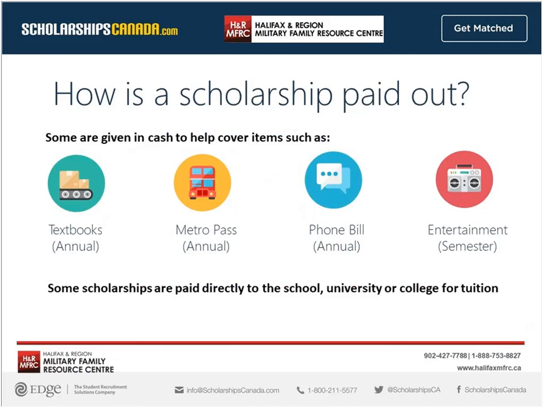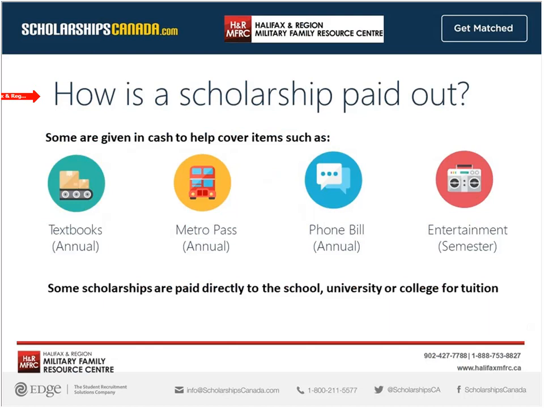So the next question I have for Chris and Daniel is, how is the scholarship paid out? So I can take this one, Chris. For how scholarships are paid out, each scholarship is unique, and that's something that we will touch on a little more as we go through. So just saying a scholarship does X doesn't apply, because every scholarship is different.